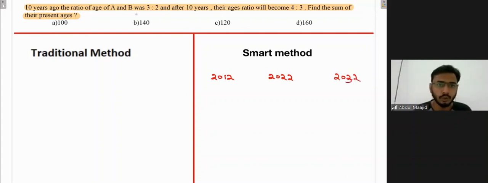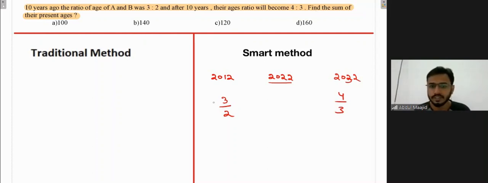So 10 years ago means 2012, the ratio of age of A and B was 3:2. And after 10 years, the ages ratio will be 4:3. Means from present, 10 years ago it was 3:2 and after 10 years it will be 4:3. Find the sum of their present ages, it is asking.